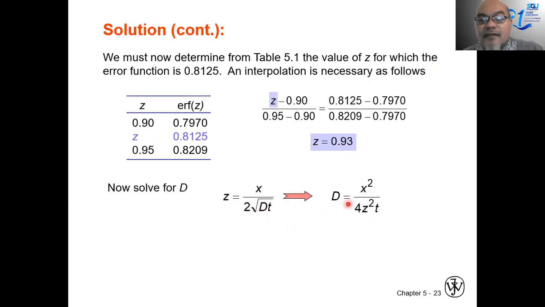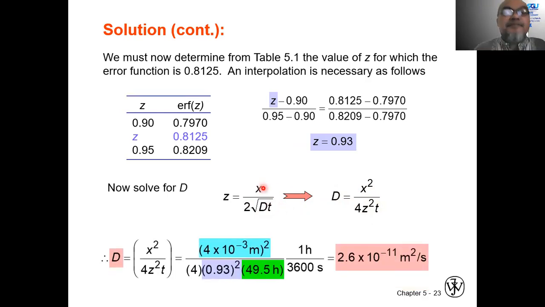From here, D equals X squared divided by 4 Z squared times T. Then we calculate further.